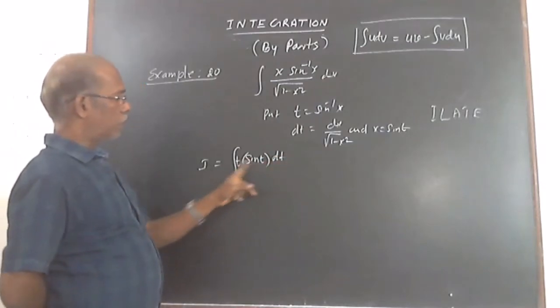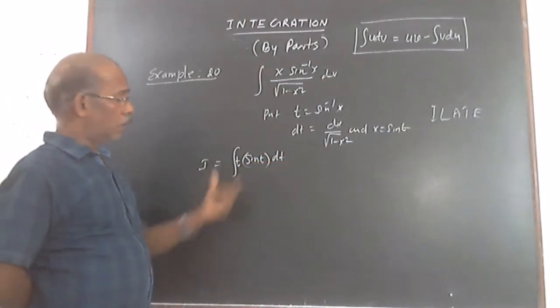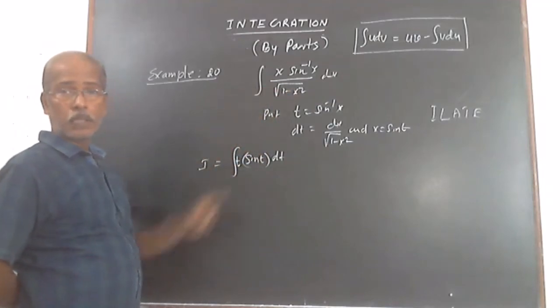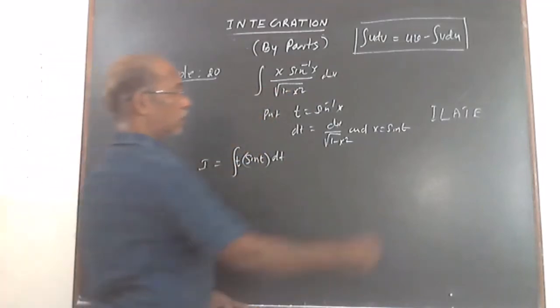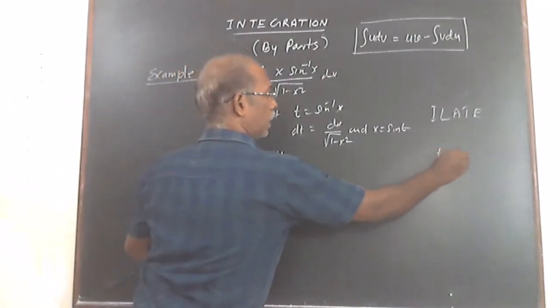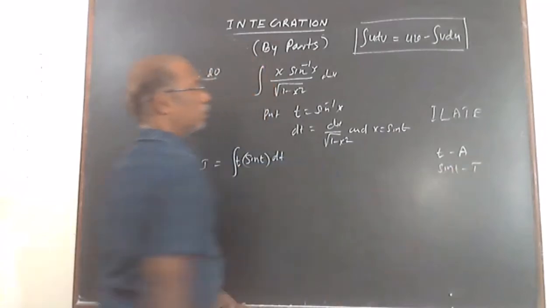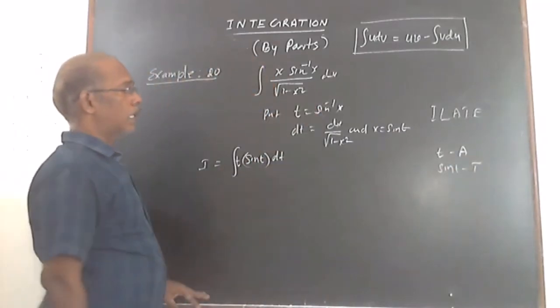Now look, a product of two different functions. Now we are very comfortable in applying by parts in order to integrate. So t comes under algebraic and sin t under trigonometric. In this order, A comes first.